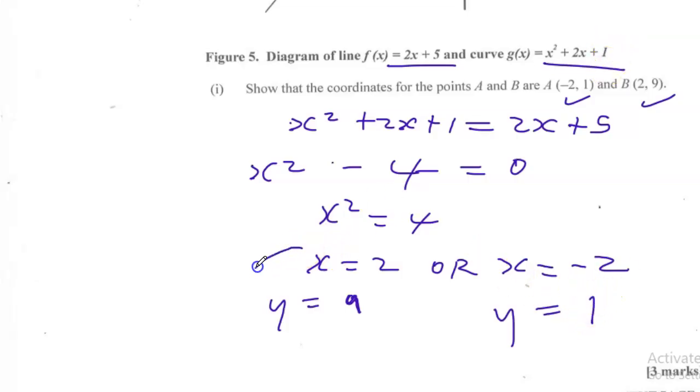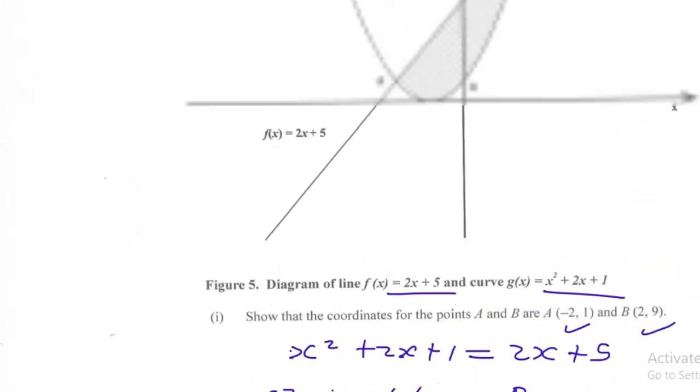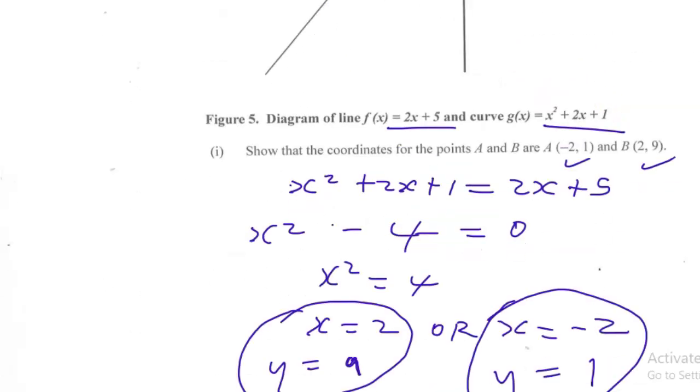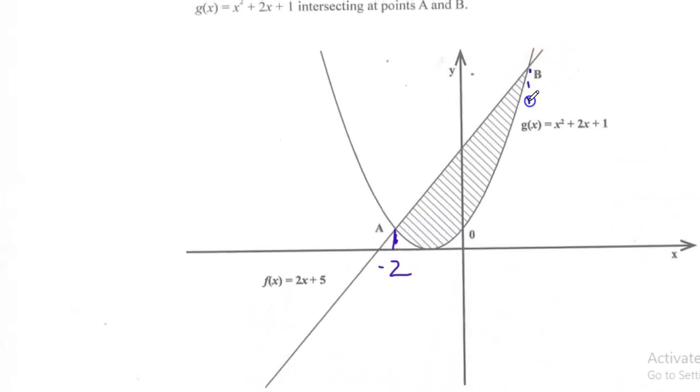So the points are (2, 9) and (-2, 1). What were the x values again? The x values were negative 2 and positive 2, and the positive 2 would be here.